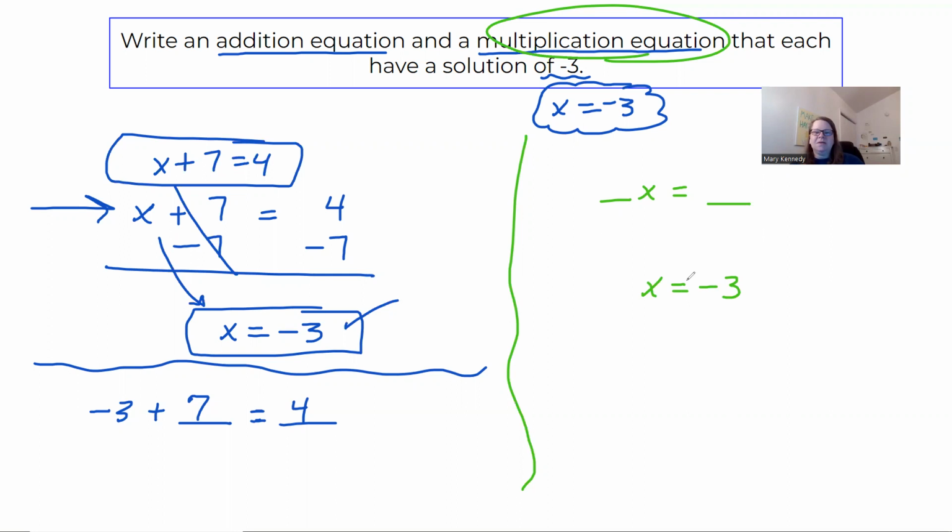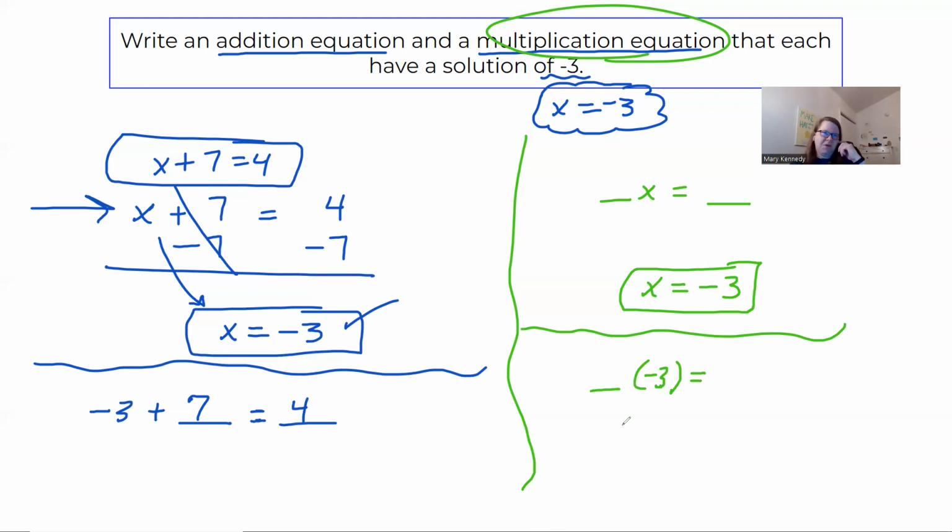And we just know that x equals -3 should be our solution. So let's think about that. We actually know that we're multiplying by -3 here, right? We know that x is -3. So we're just going to pick a number to be multiplied by -3. You can pick a positive or negative.